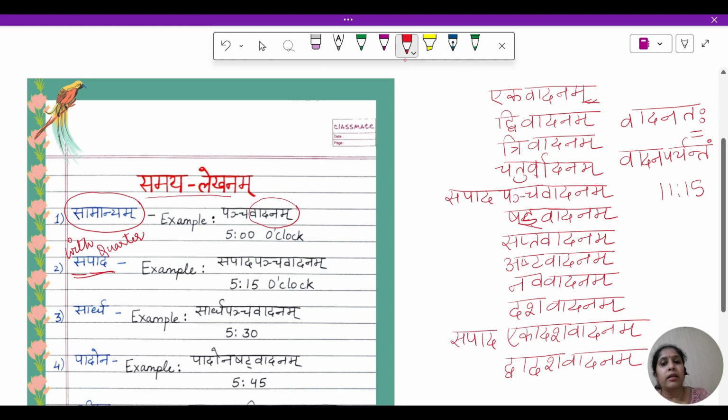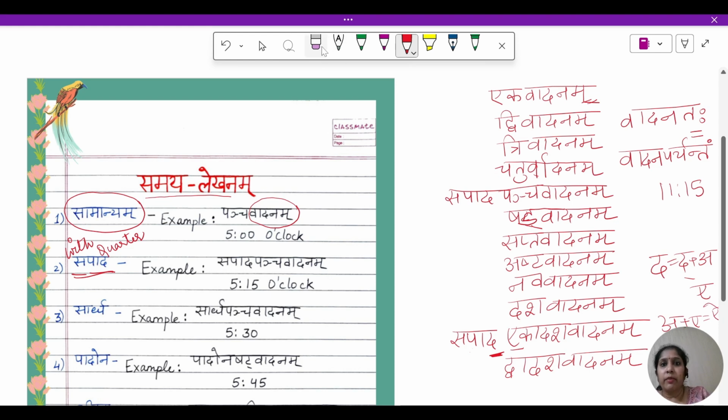Sapad Ekadash Vadanam. Right? Now, sometimes in the books, if you're writing it separately, it's fine: Sapad and Ekadash and Vadanam. If you want to write it together, then what is happening here? It is ending with a, right? Because Sapad is made up of Sa and Pad, correct? And after that you have a. So if you remember your Sandhi rules, a and a together are becoming what? Long A. Correct?